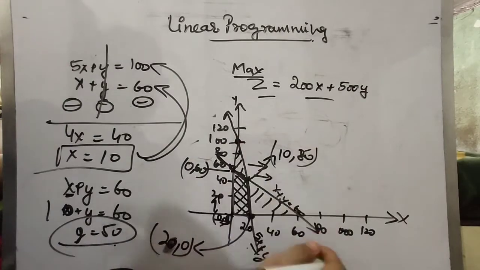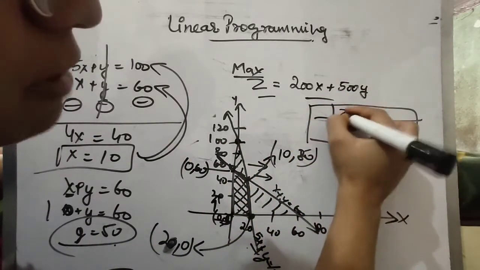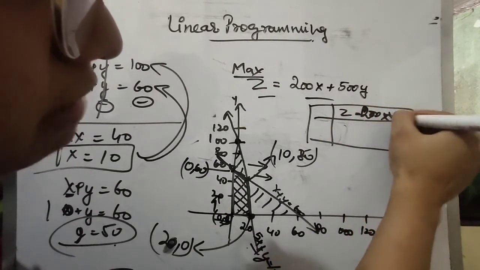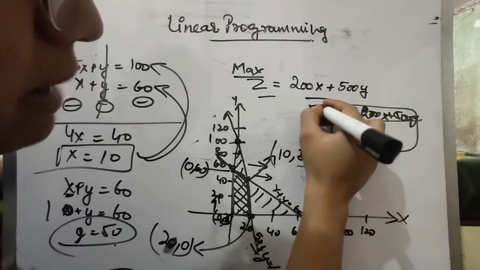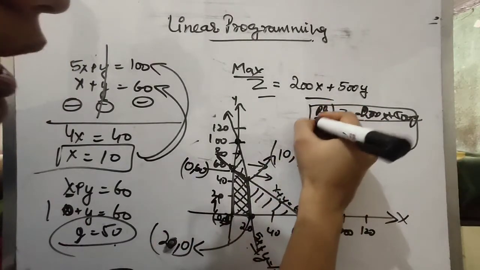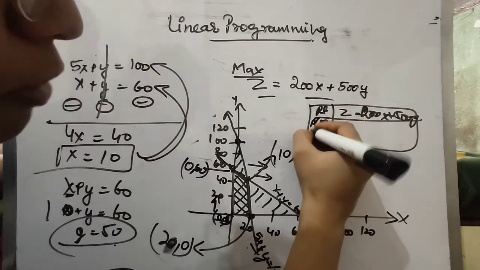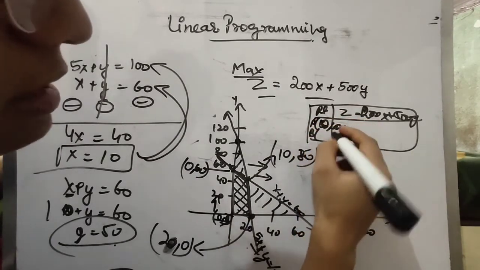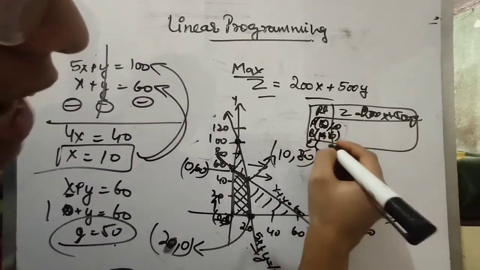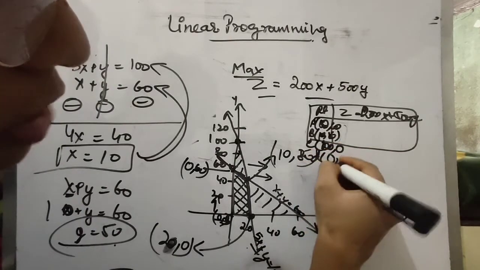Now I'll take all these points and make a table out of it, where I'll first place z equal to 200x plus 500y, and I'll place the points here. My first point is A, that is (0, 60). Second point is B, that is (10, 50). Third point is C, that is (20, 0), and D, that is (0, 0).